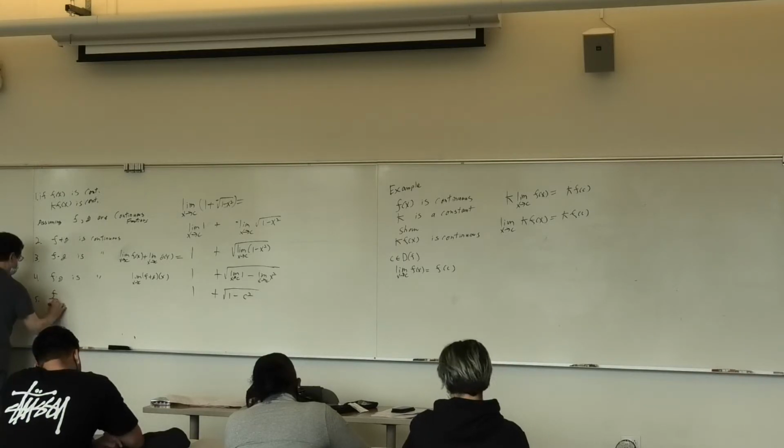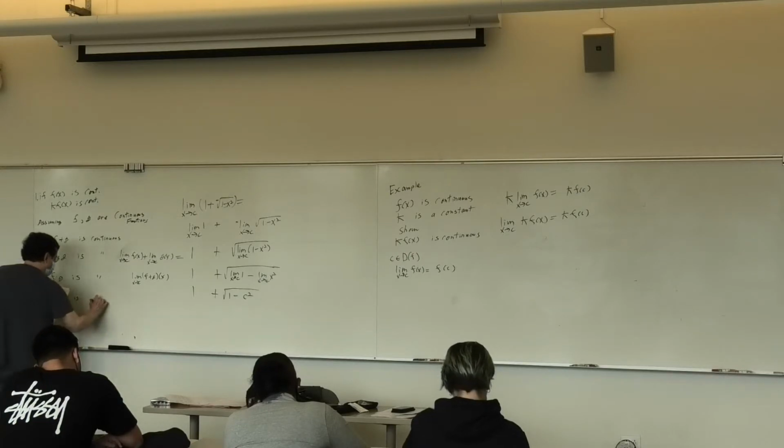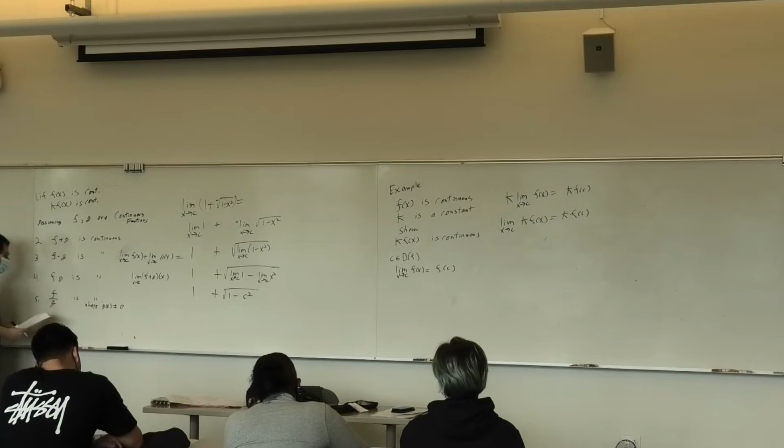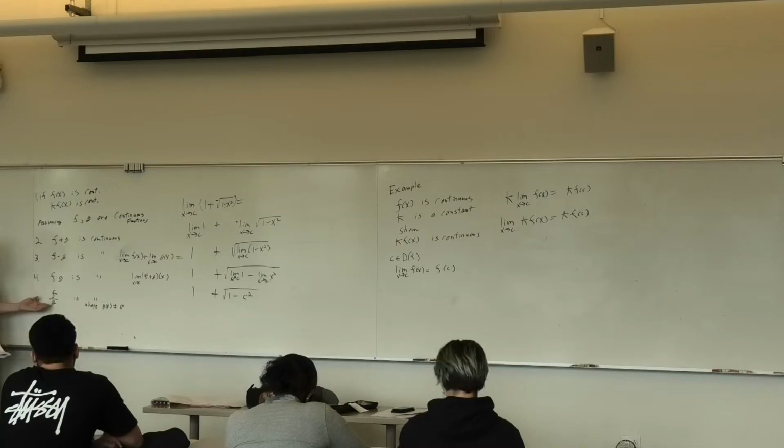The rational function f over g is continuous where g of x is not equal to 0. You could say on its domain, since where g is 0, it's not part of the domain of this function.